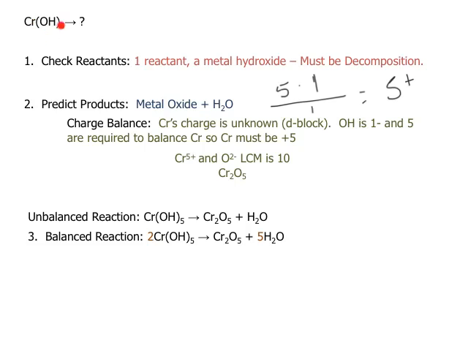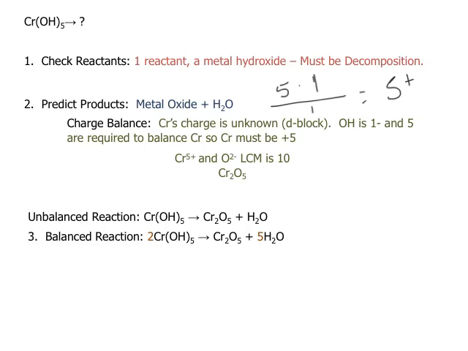My decomposition is that of hydroxide, so that splits into an oxygen, which goes with my chromium, so I need to charge balance +5 and 2-, so 5 goes to the O, 2 goes to the Cr. That's in lowest terms, so my product is Cr2O5 plus water. So put those on there.